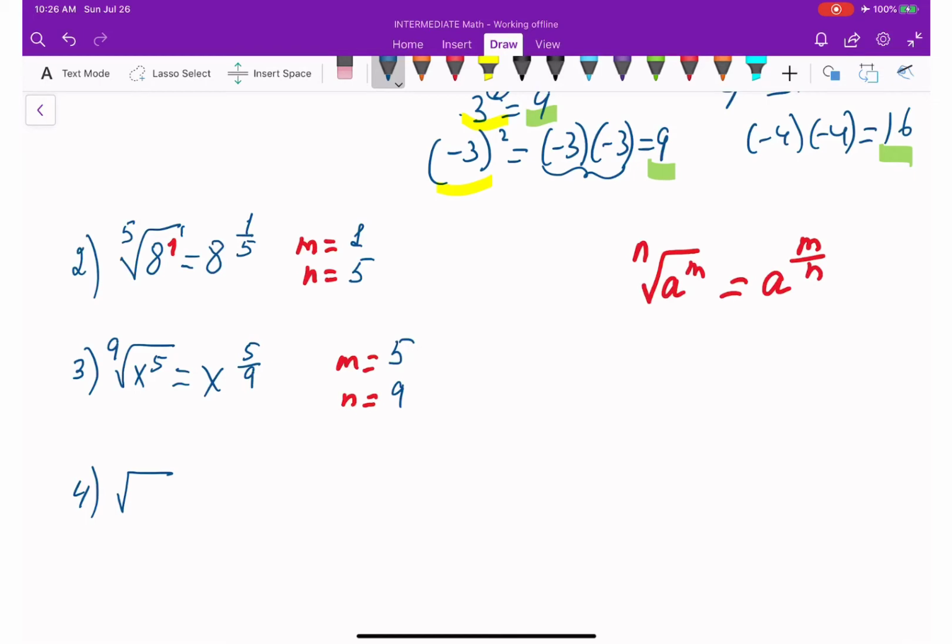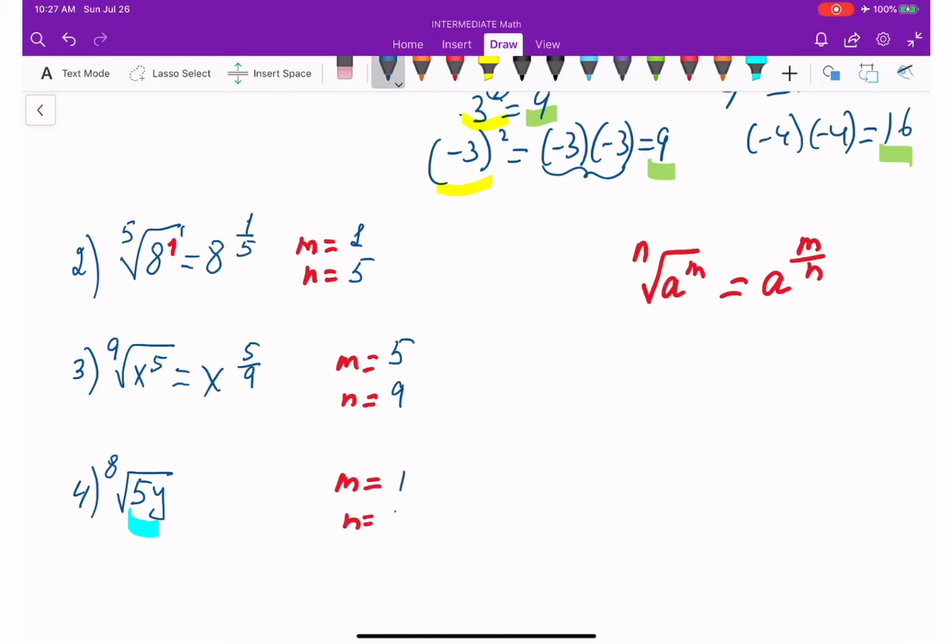Square root. It's a radical, degree 8. And I have 5y. Okay. So because we have 5y, this 5y I am going to treat like one term. Okay, so our m is degree 1, right?